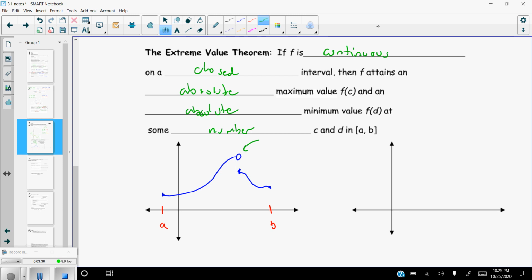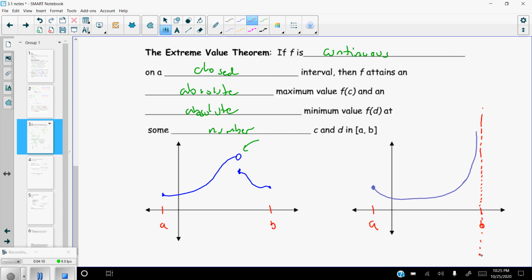One more example. Once again, we'll put a over here, and we'll put b over here. This time, we'll make the function look something like this. Whoops, definitely did not draw that right. There we go. And we'll say that we have a vertical asymptote there at b.